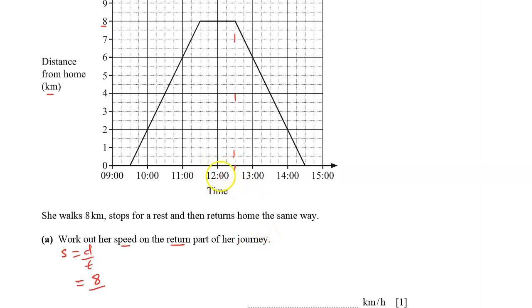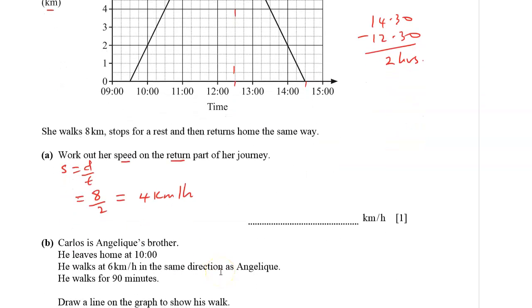This is 12:30, and she arrived home at 14:30. So 14:30 minus 12:30 gives us 2 hours. So 8 divided by 2 will give us the speed of 4 kilometers per hour. So that is Angelique's speed, 4 kilometers per hour.